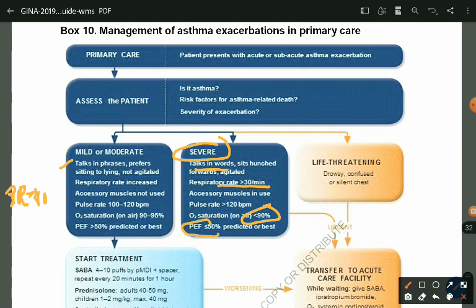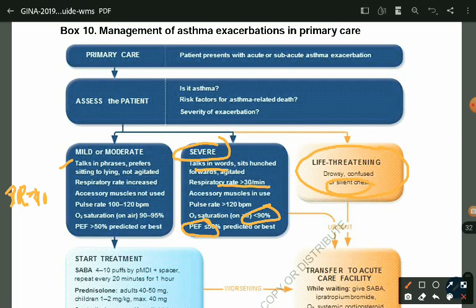And the peak expiratory flow rate of less than or equal to 50% predicted or best. And this is the very important thing that we need to assess, no? Because these are already life-threatening signs and symptoms. That includes drowsiness, the patient is confused, and silent chest.